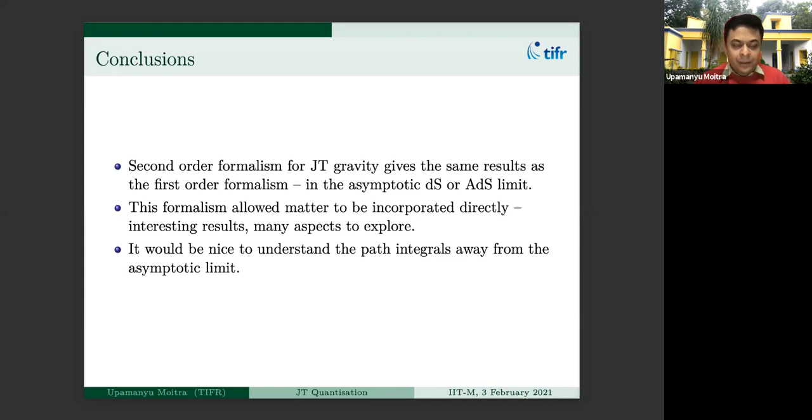They also invite more and more new questions, and there are many aspects to explore in these regards. It would obviously be nice to understand the path integral for these cases away from the asymptotic limit, especially in the context of cosmology, where we have some finite size of the universe.